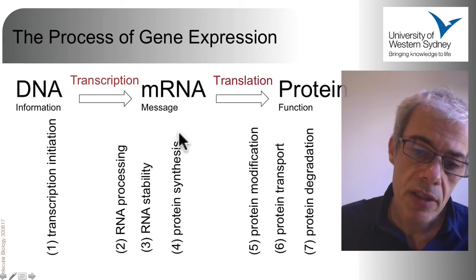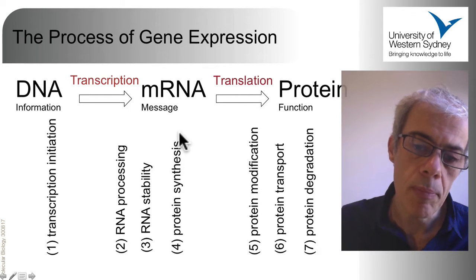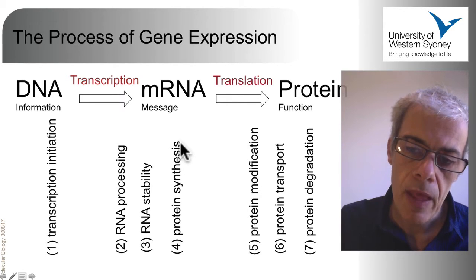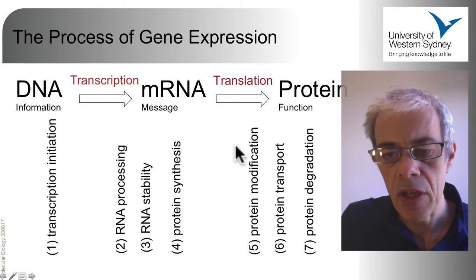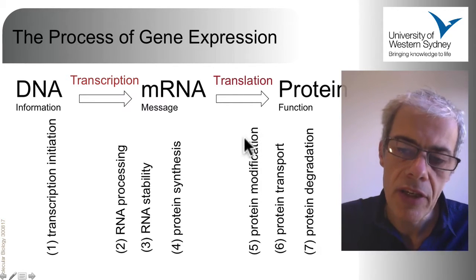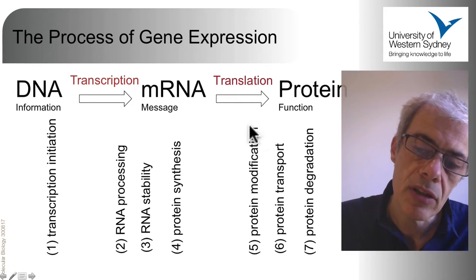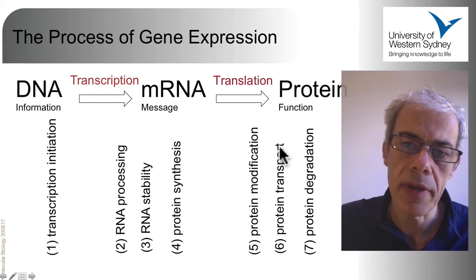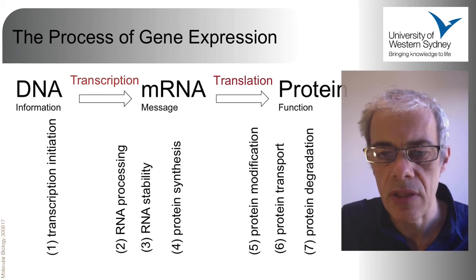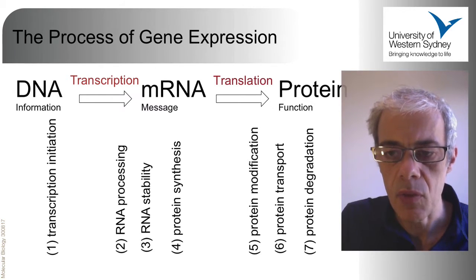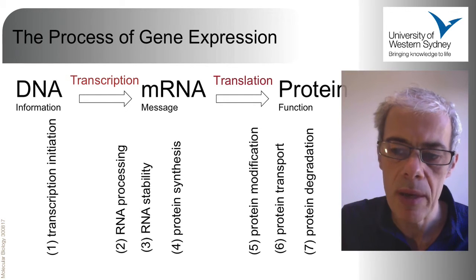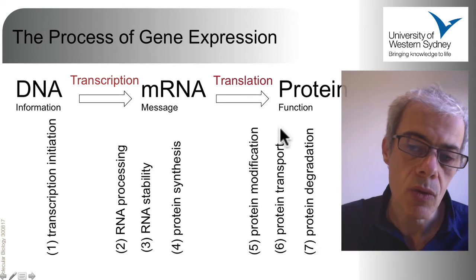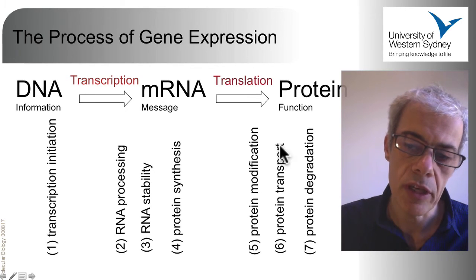The stage of protein synthesis is also a point in the process that is subject to stringent regulation. And then once we've got a functional protein, we talked about protein modifications such as phosphorylation and acetylation. Proteins also can't be said to be fully expressed until they're in the location in the cell where they're meant to be active, whether that be a membrane protein, a protein in the nucleus, or some other protein.